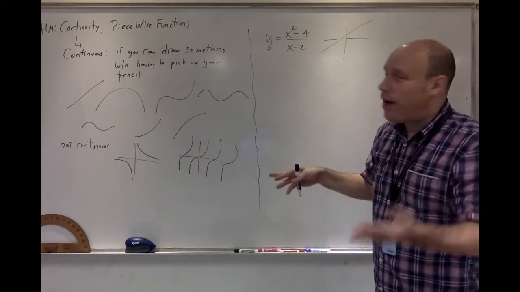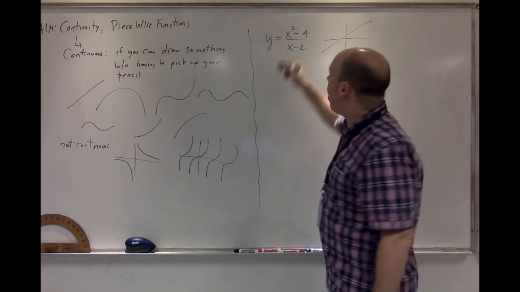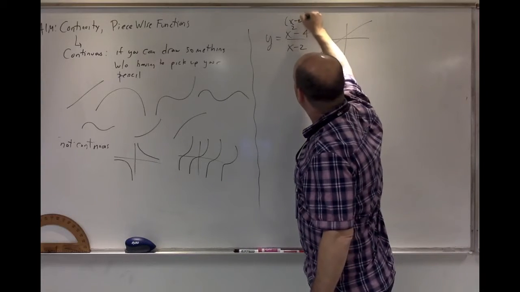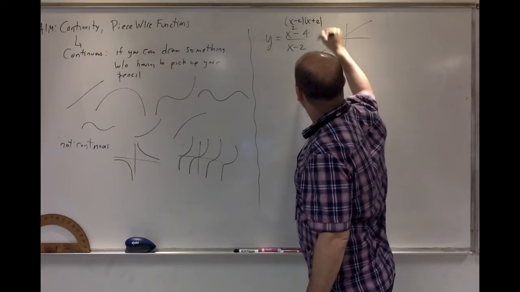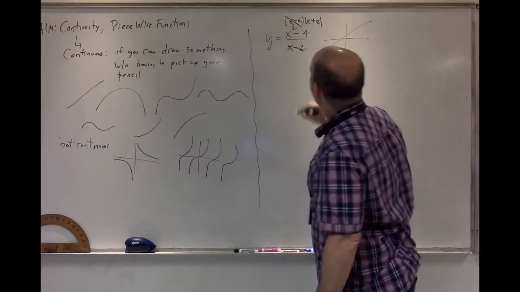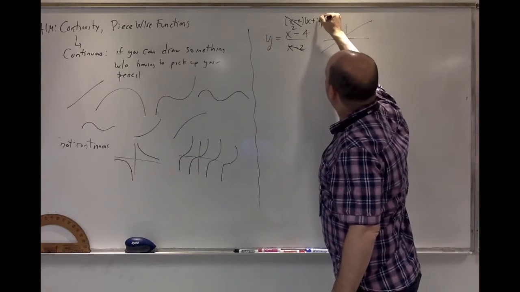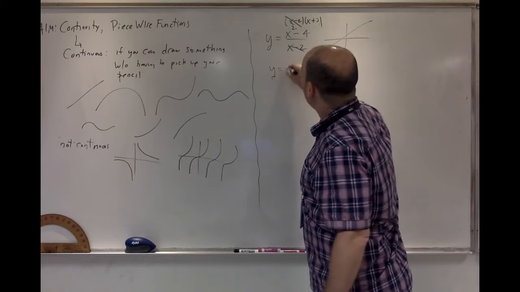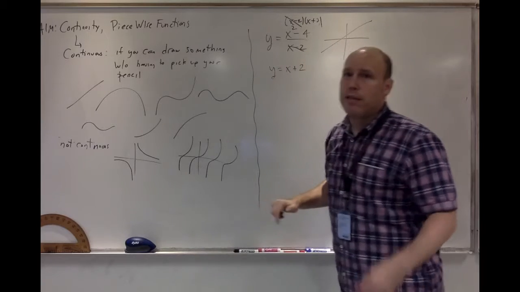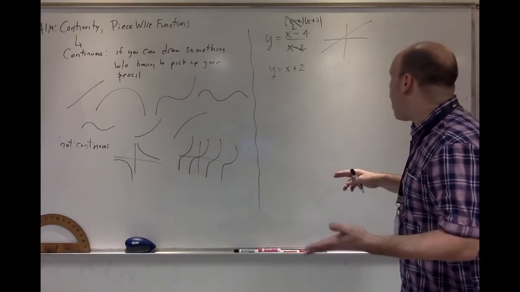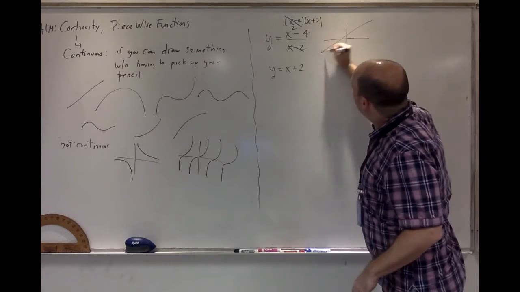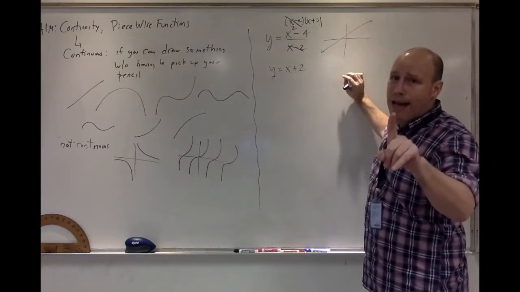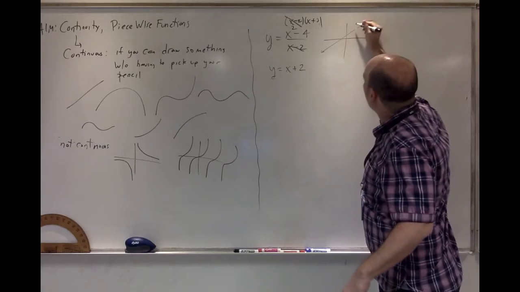Well, you look at that more closely: x minus 2 times x plus 2, and this x minus 2 cancels out, and I'm left with what looks like a line. Now, it is a line, but at x equals 2, we don't have an asymptote, we have a hole.